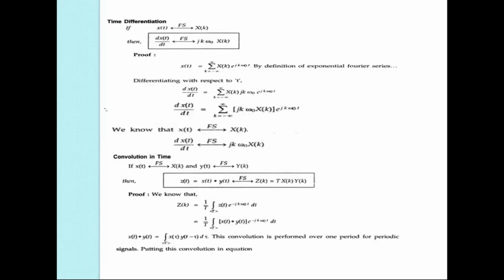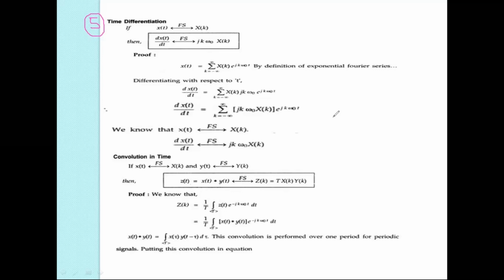Then the fifth property is also important, my dear students. Fifth property, time differentiation. Up to the 4 properties we are using in the exponential Fourier series. There are 2 equations we have.